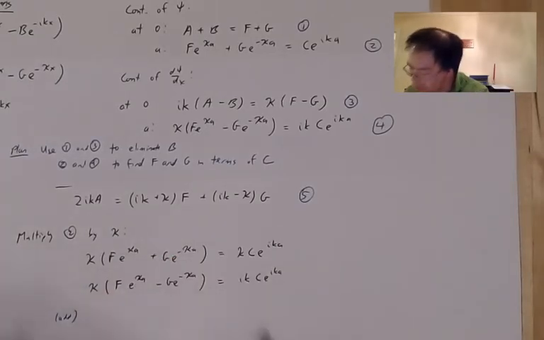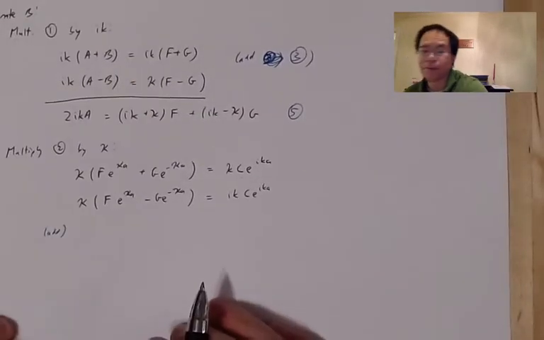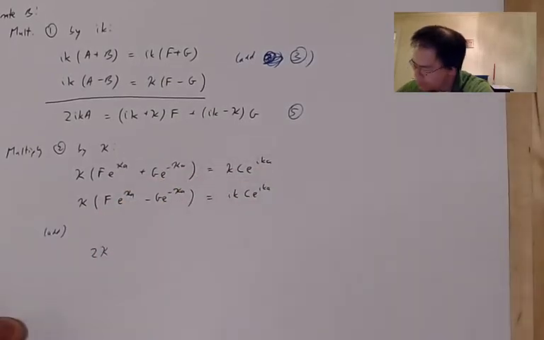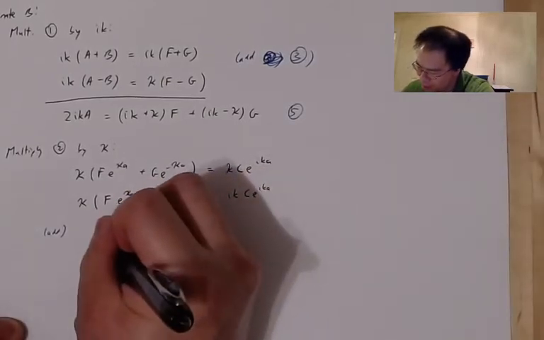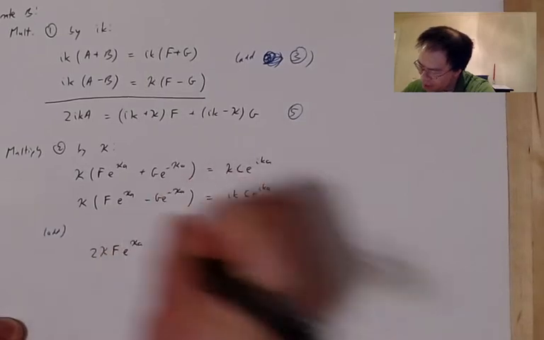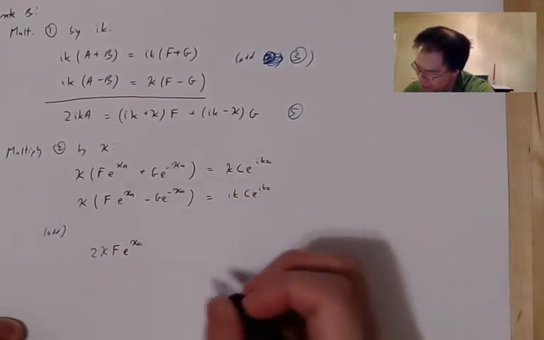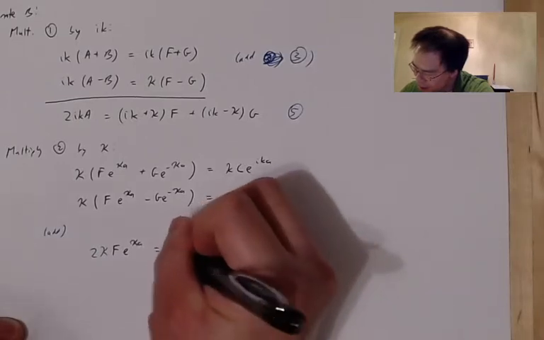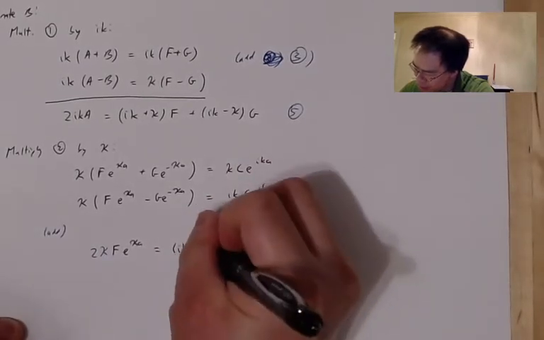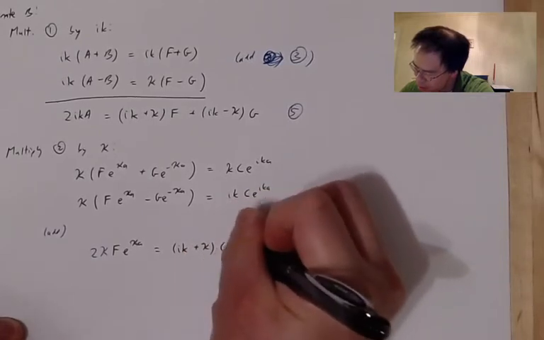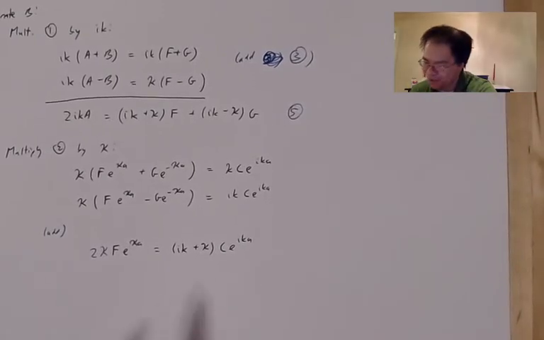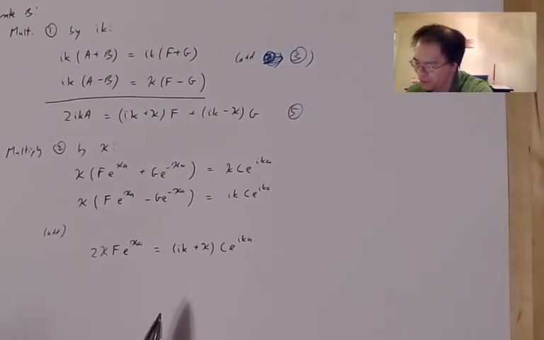So if I add them, what I end up with is 2 kappa f e to the kappa a. These two terms cancel, and I get ik plus kappa times c e to the ik a. So that's basically f in terms of c, right?